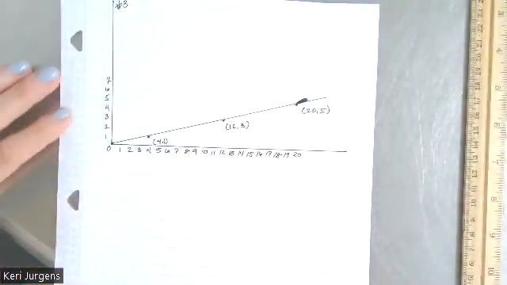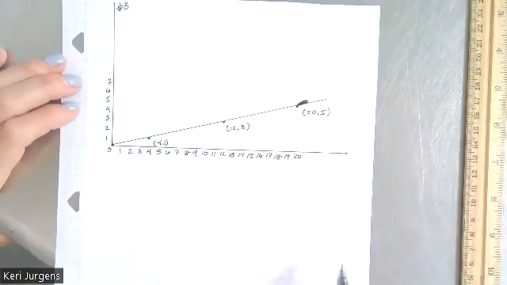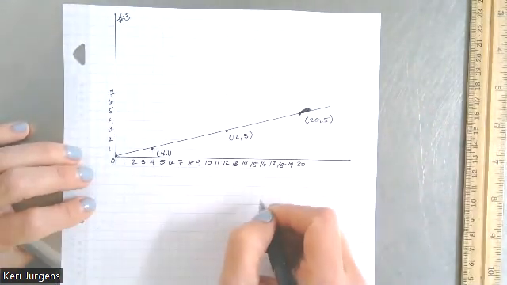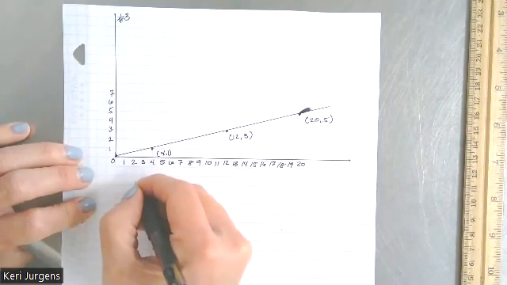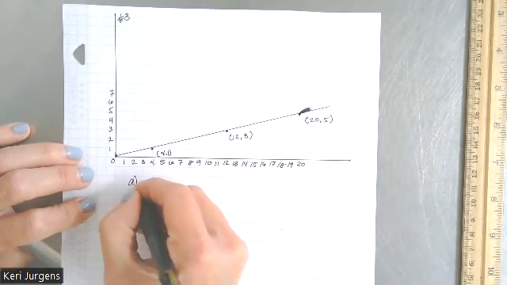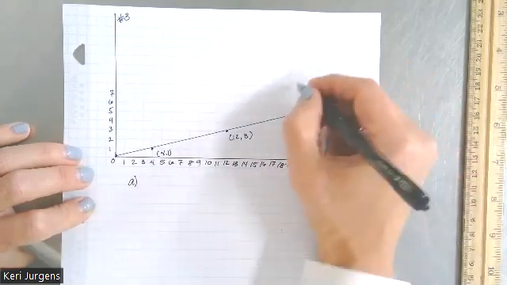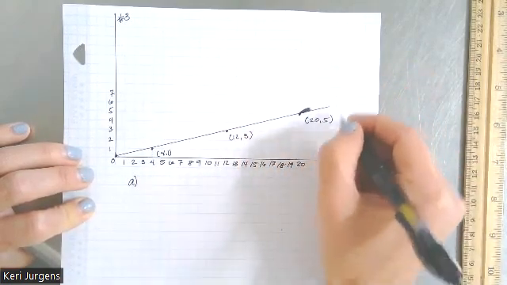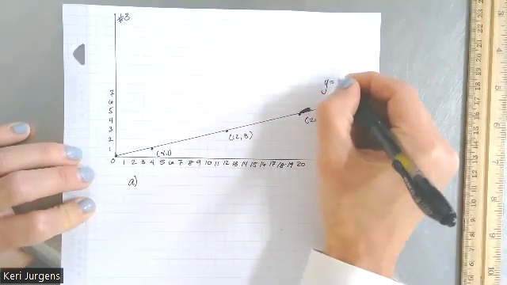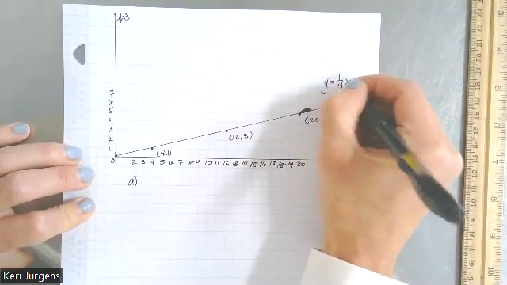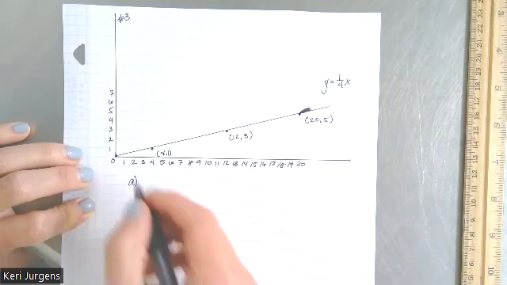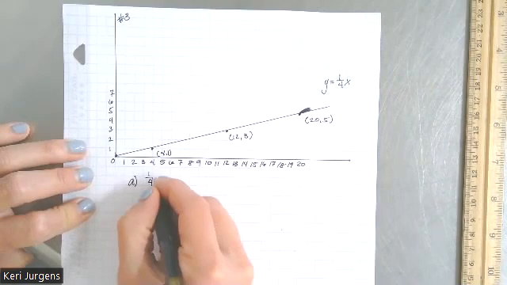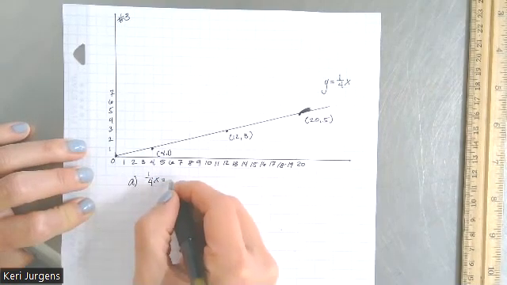Whoops. My pen went wonky. Okay, I'm going to use the space underneath the graph this time to work. So we'll write down the problems. Oh, I forgot to have you write the function. Let's write the function first. The function is y equals 1/4 x. In letter A, 1/4 x equals 1.